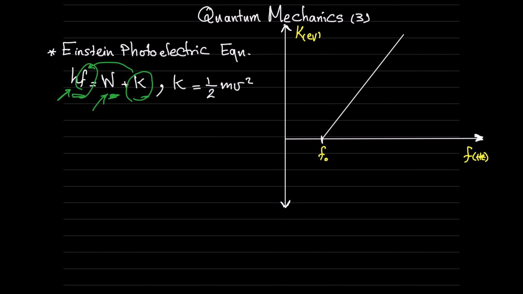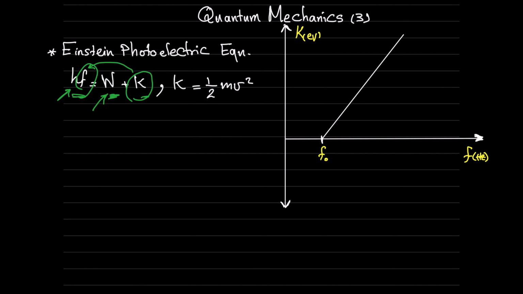So from Einstein's photoelectric equation, there is a linear dependence of the kinetic energy of the released photoelectrons on the frequency of the incident photon.